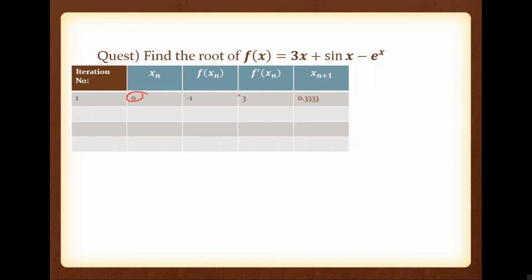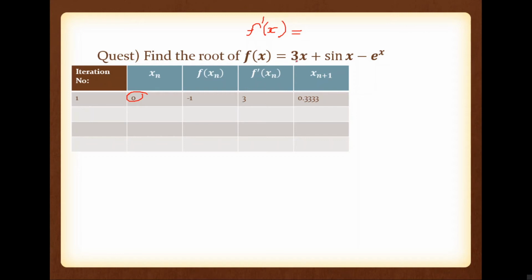So before looking at these values, find these values and then compare with this tabular column. Before filling this tabular column, you need to find one more function, that is f dash of x. So what is f dash of x? Please find it. f dash of x is the derivative of f of x.